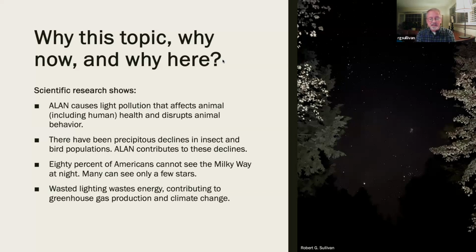Importantly, in the times that we're in, ALAN, artificial lighting at night, when it is used improperly, it winds up with a lot of wasted energy because so much light exists that is either not needed or is more than is needed or is not actually going to light up an area where it's serving any kind of useful purpose.